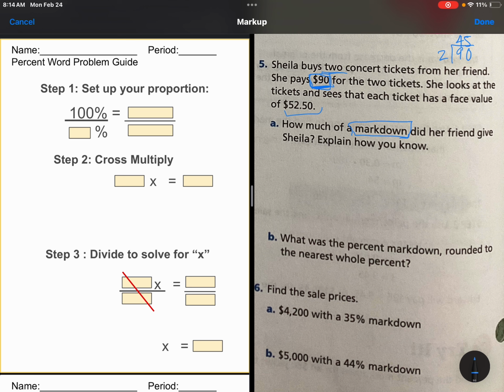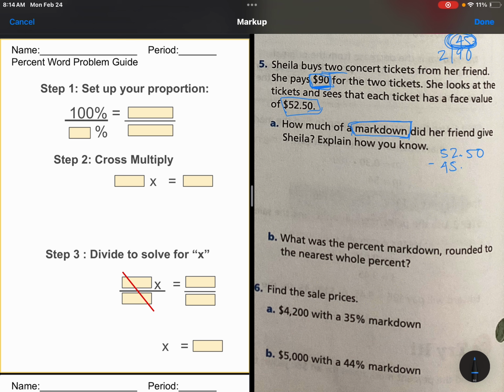Good. Now I'm going to find the markdown in dollar amount. How many dollars did she get a discount for? For that, I'm going to find the difference between this 45, the price that she got from her friend, and the original price, the face value, $52.50. So I'm going to subtract those numbers. 52.50 original minus 45.